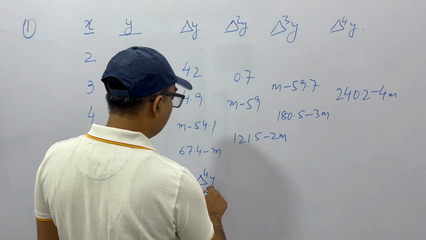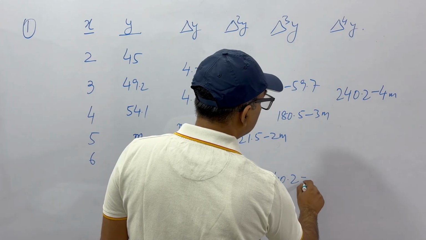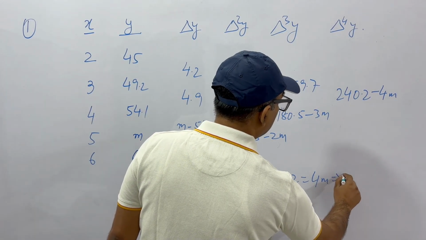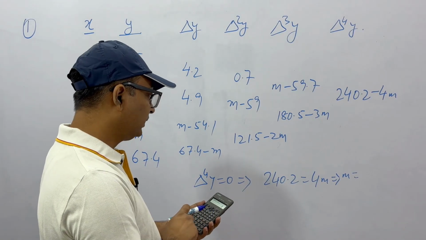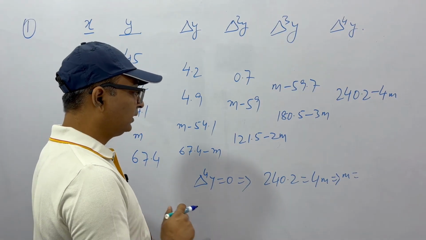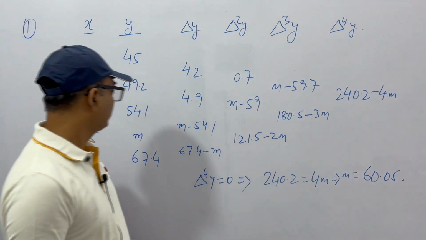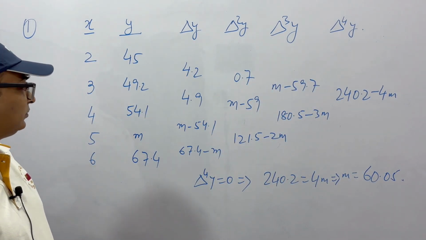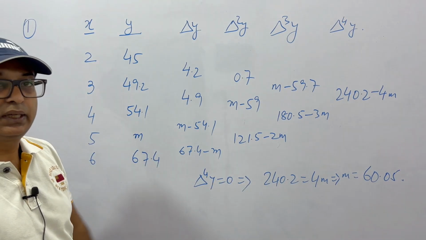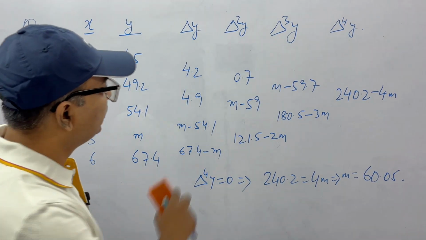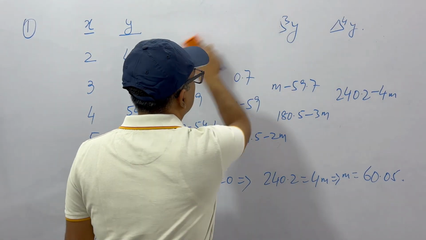This implies 240.2 is equal to 4m. From here we get the value of m equal to 240.2 divided by 4, that is 60.05. See, this is increasing, so it seems correct. Now we'll solve the same question by the second method. Let's see how.